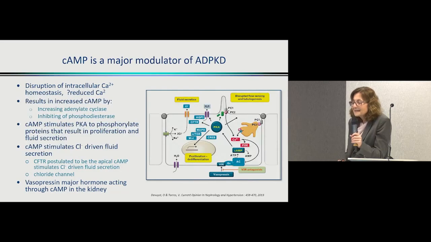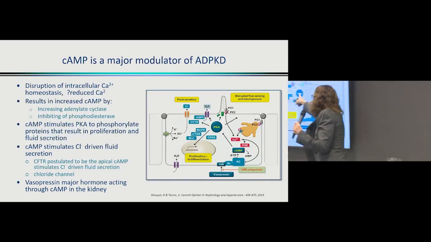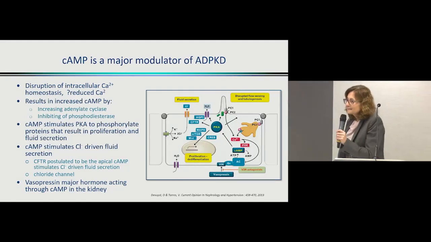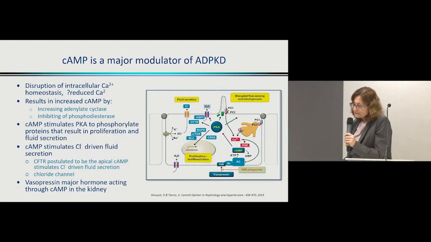And why is cyclic AMP level so important? Well, for one thing, it stimulates protein kinase A, which is shown right here. Okay, and it stimulates protein kinase A to phosphorylate proteins that result in proliferation and fluid secretion. Okay, so that's the idea.